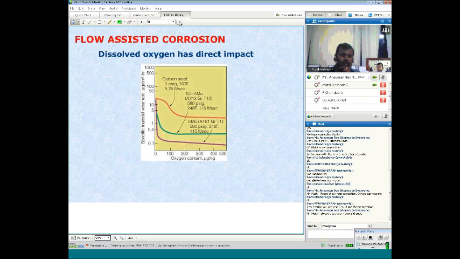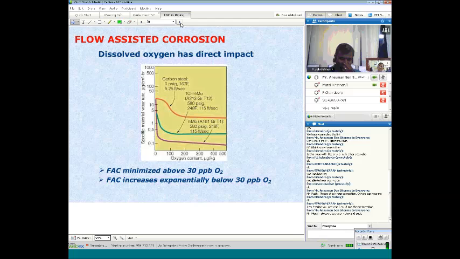But in flow accelerated corrosion, if you take a look at this curve, the rate of corrosion is decreasing significantly as the oxygen content increases, right? Actually, if the oxygen content is more than 30 ppb, the rate of FAC is almost minimum. You see, here the rate of FAC is almost minimum.